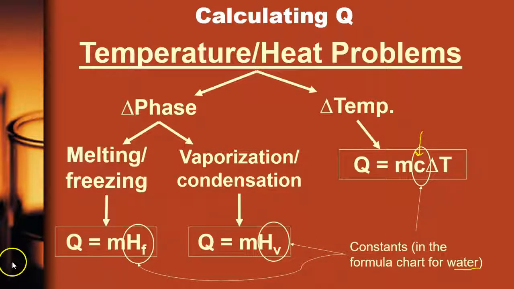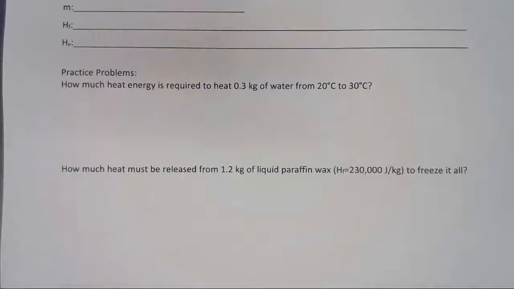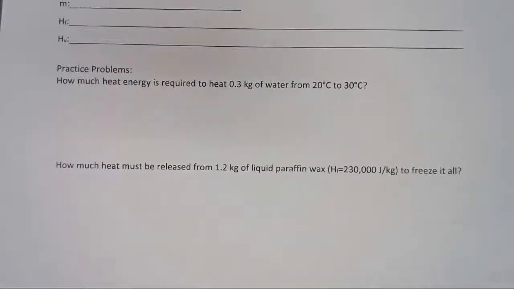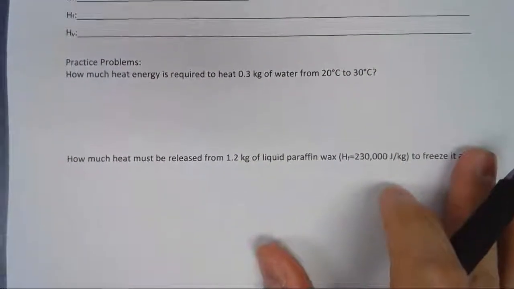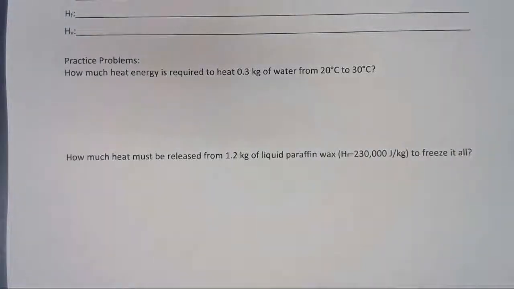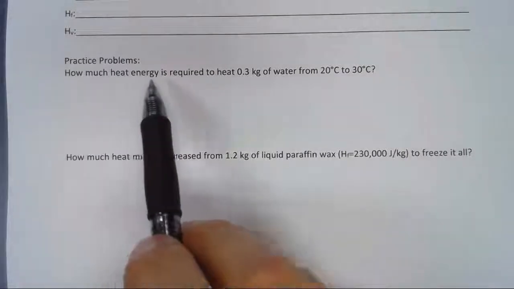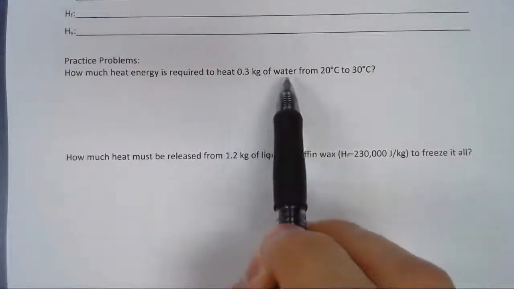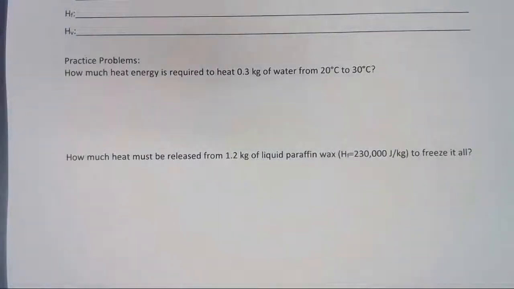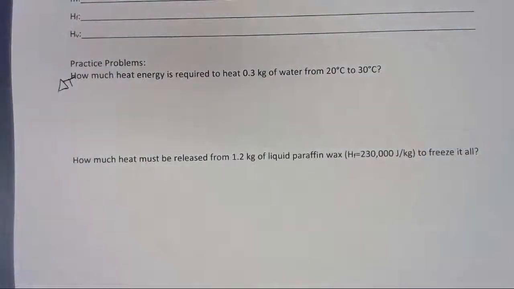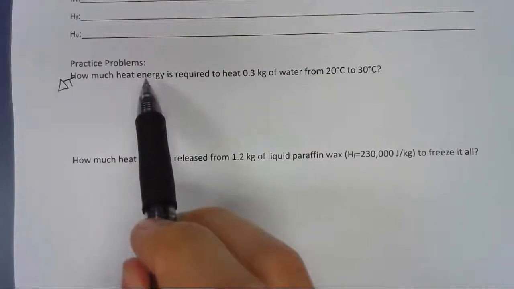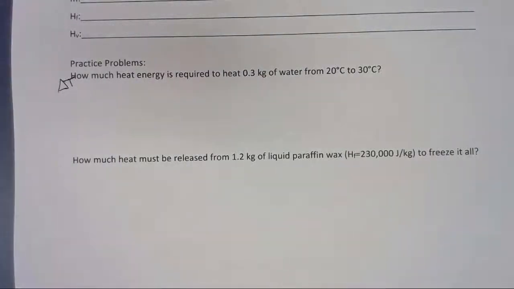All right, so let's look at these two problems down here. Again, remember your flow chart that you wrote down. The first question is, is it a temperature change or is it a phase change? If we read this one, how much heat energy is required to heat 0.3 kilograms of water from 20 to 30 degrees Celsius? This one is a temperature change. It's not a temperature change because it says heat energy; heat is also required to do a phase change as well.